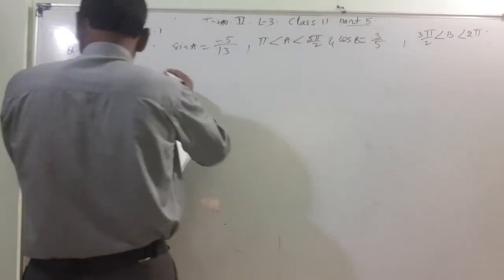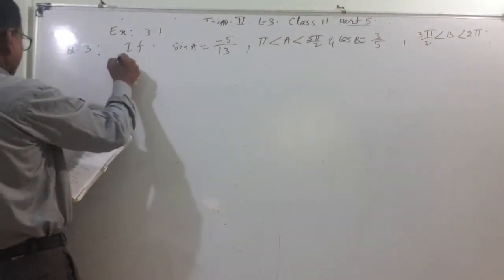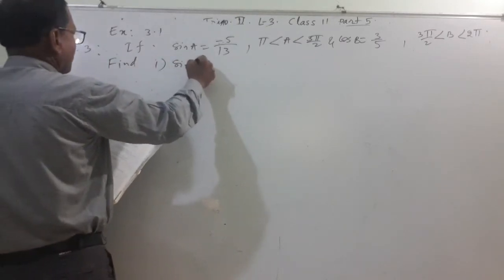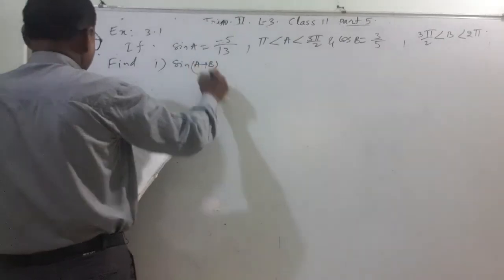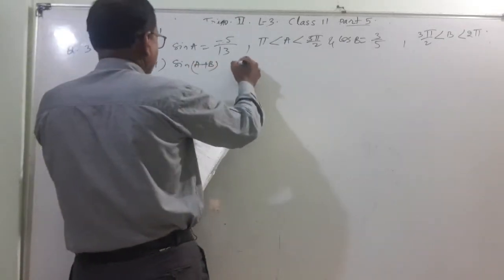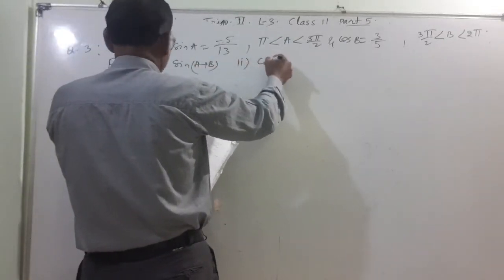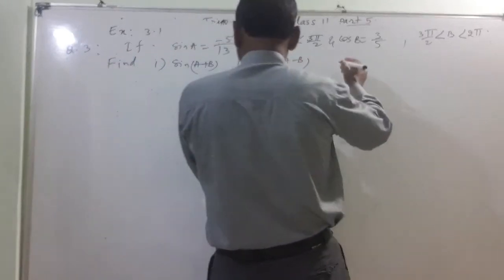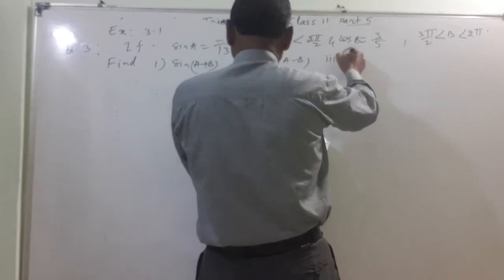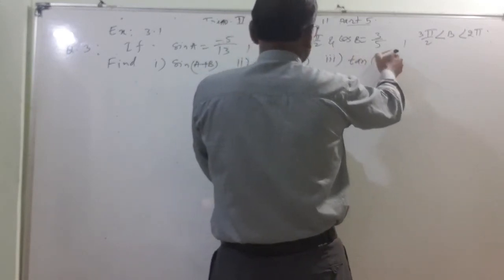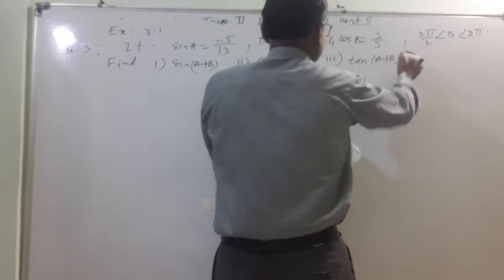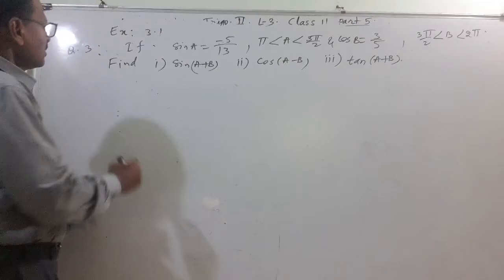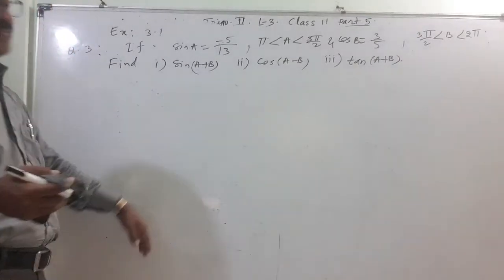So what I want, find one, sine of A plus B. Two is cos of A minus B. And third is tan of A plus B. If you get any one, you will find all. Sine of A plus B means what?